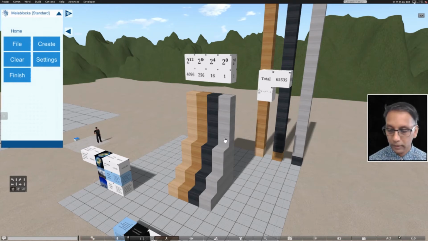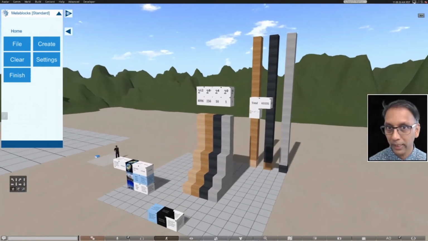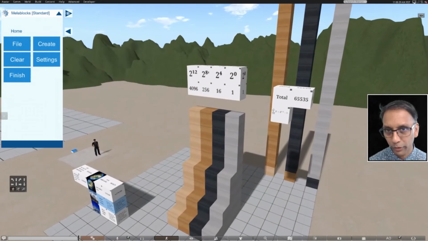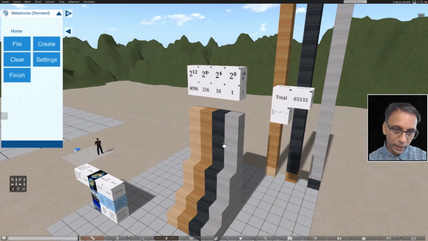But you can see that when you look at this representation, it doesn't give me any idea. It gives me a rough idea of how many cubes would actually fit this 4x4 grid, the floor of the house, as it were.